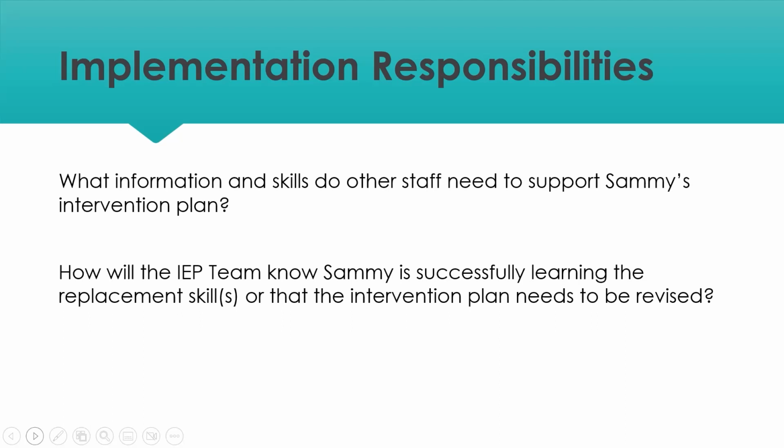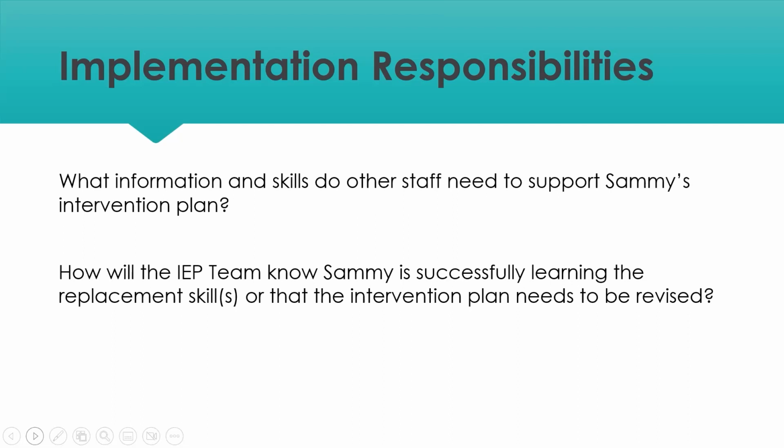Sometimes you might have to, I don't want to say teach, but when you have a kid with a lot of behaviors and you're only looking at one, you might have to do a little more teaching to the people that are going to interact with the student so they know exactly which of the behaviors you're looking at.